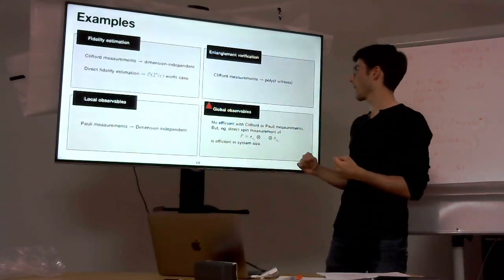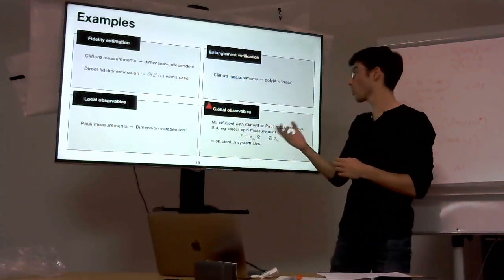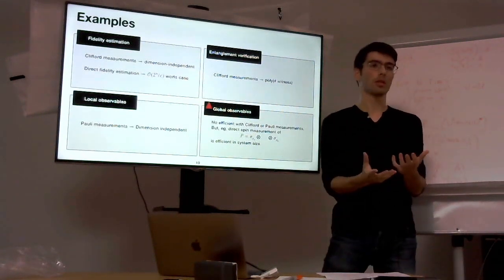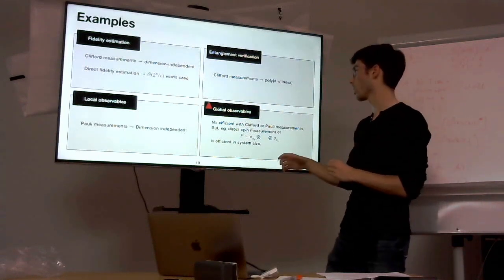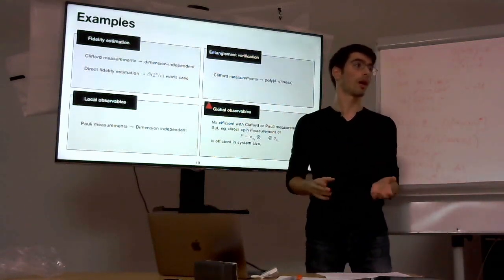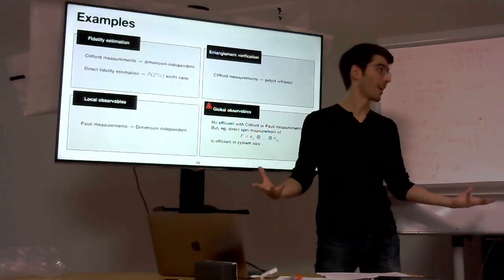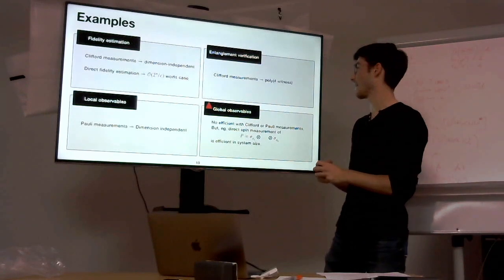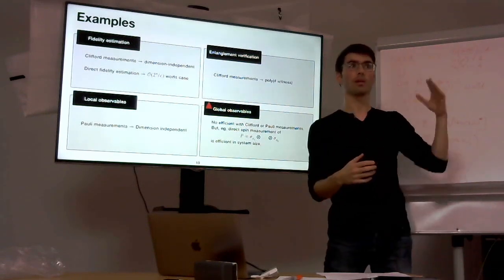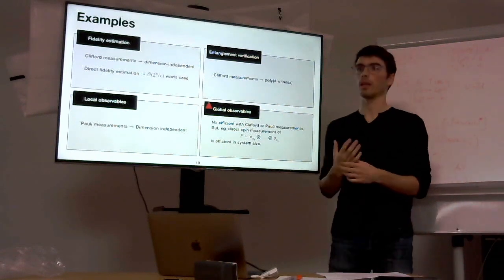However, if you have a global observable, then this method is not well suited, because both Clifford and Pauli measurements scale really badly: as it's global, the locality is the whole system and the Hilbert-Schmidt norm is not bounded. So in that case you have a problem.